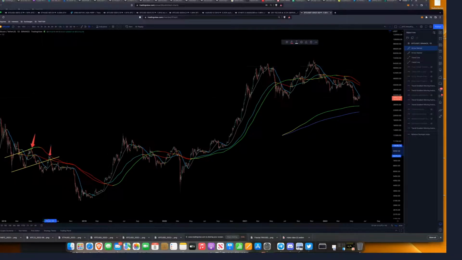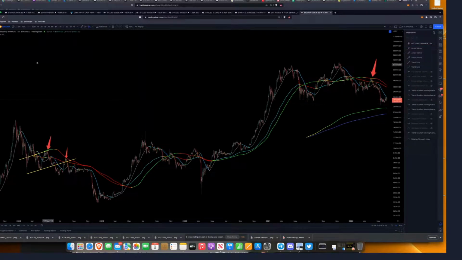Twice it knocked it back. Now, if we were to assume that that's the bottom to the top, the 618 or the 200 moving average became resistance.